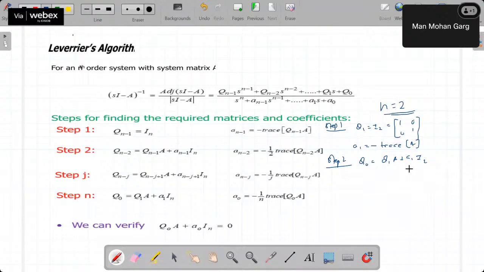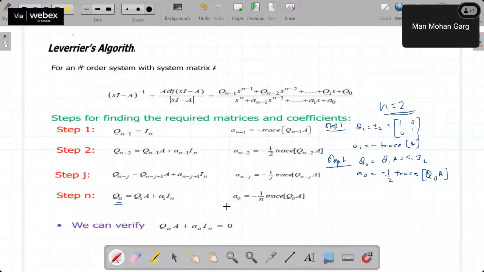So this will be Q naught. Now what will be the A naught? You put n equal to 2 here, so you'll get minus 1 upon 2 trace of Q naught into A. So you have got A naught also, and that is the last step.